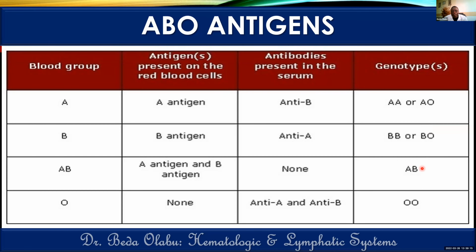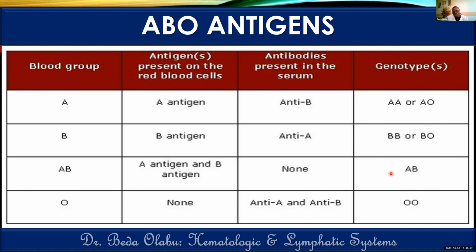If you're blood group AB, definitely you inherited A from one parent and B from the other parent. And if you're blood group O, again, definitely, it means you didn't inherit any antigen from any of your parents. So these are the genotypes for the different blood groups.